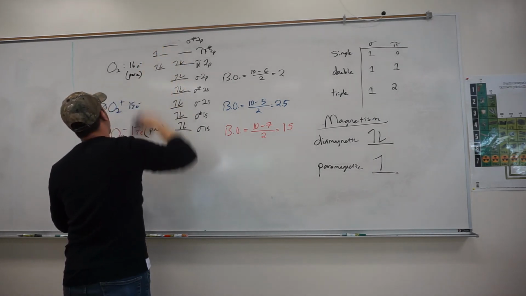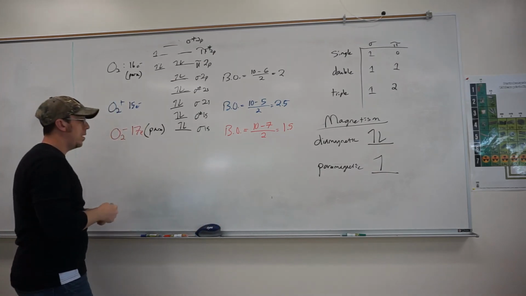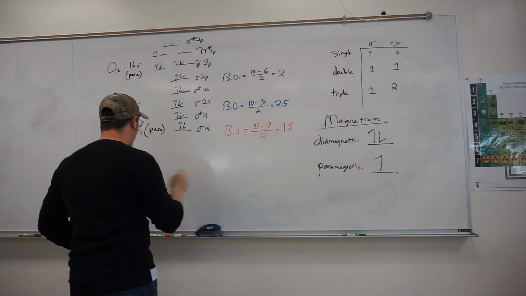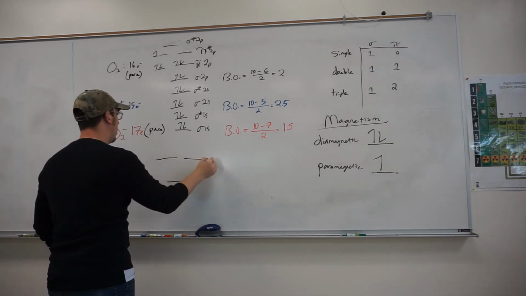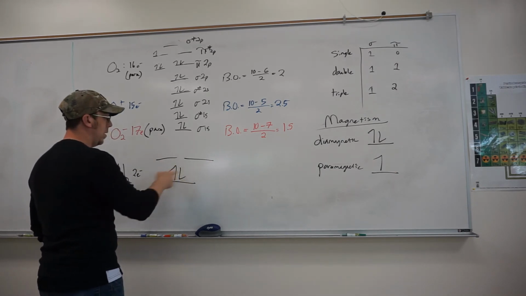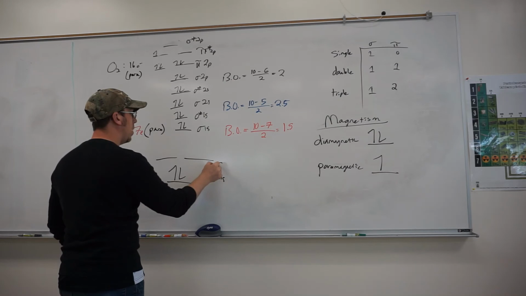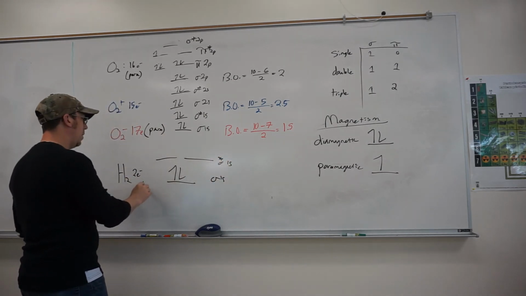If we take away an electron, it's also going to be paramagnetic. Now, if we go back and look at the hydrogen, it had a configuration. So in this case, it had 2 electrons. It had 2 on the bottom. Well, hydrogen would be diamagnetic.